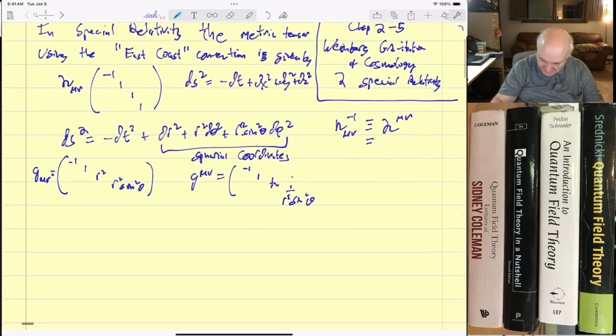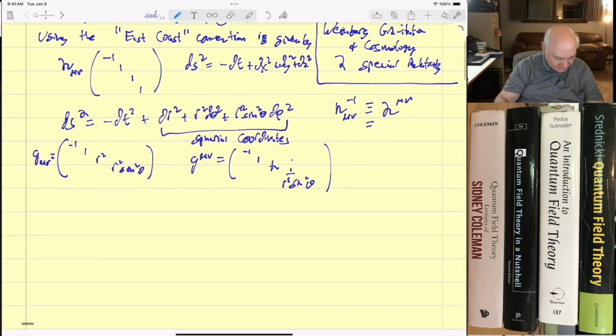So unless you're working in a spherically symmetric problem or something, it's usually much more convenient to use the Minkowski metric.